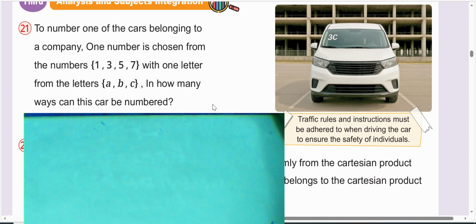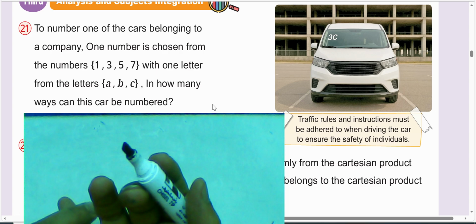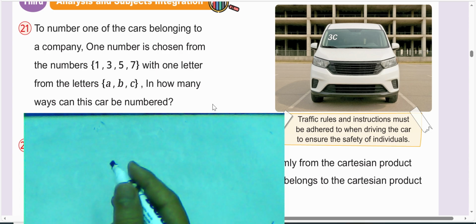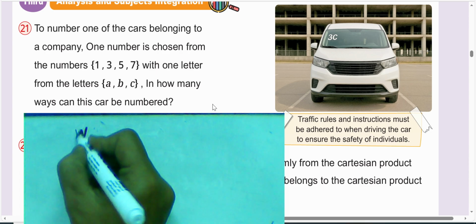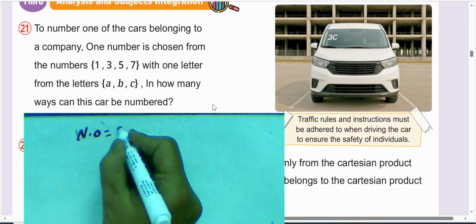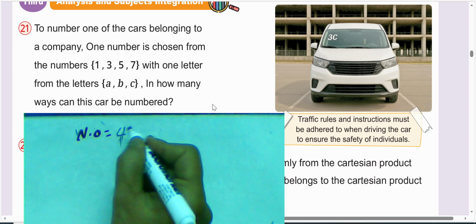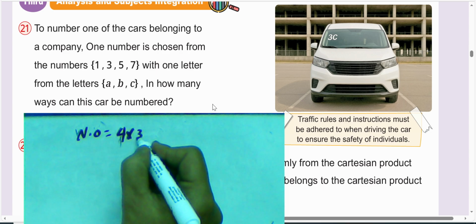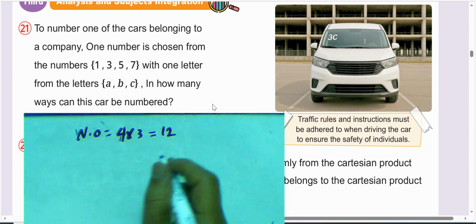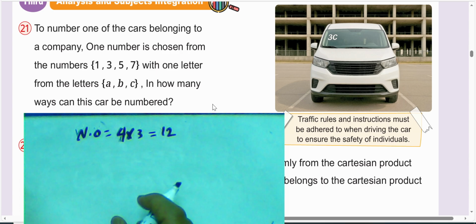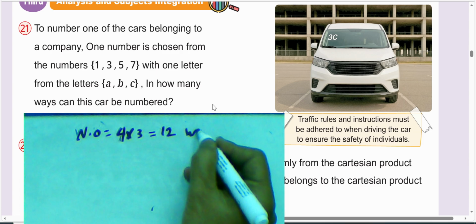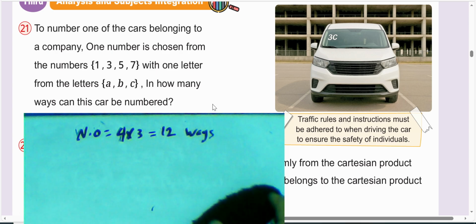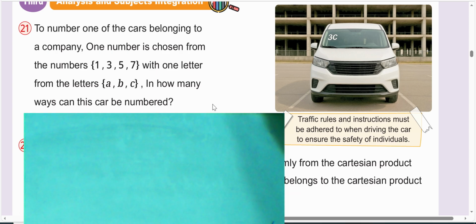He asks about how many ways, so we find the number of elements in the first times the number in the second. We have 4 elements in the first, multiplied by the number of elements in the second, 3. 4 times 3 equals 12. Then we have 12 ways. So it's easy to find the number by multiplying the first and second together.